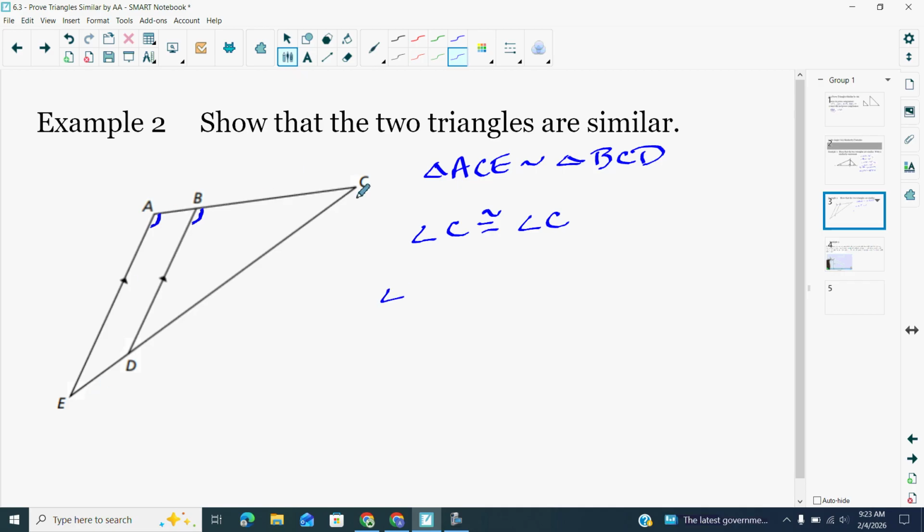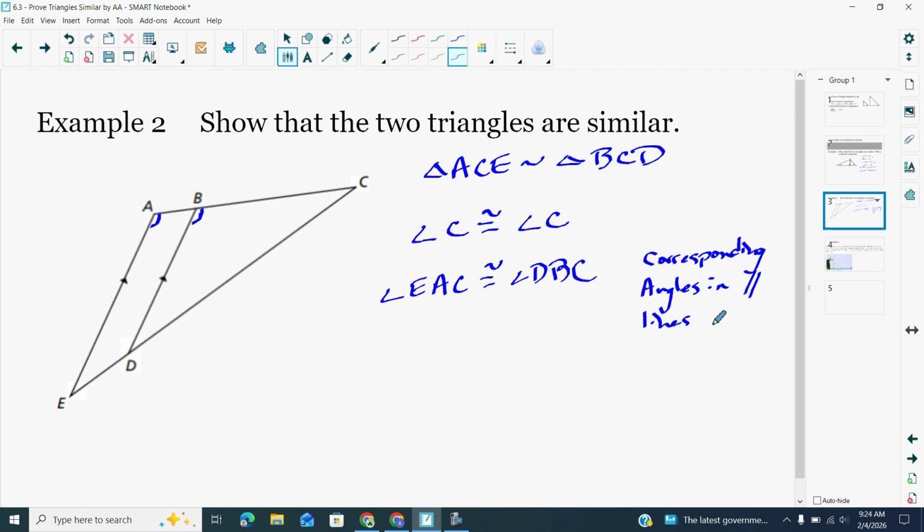Angle EAC is congruent to angle DBC. If we needed to give a reason, maybe in a two-column proof, we would state that corresponding angles in parallel lines are congruent.